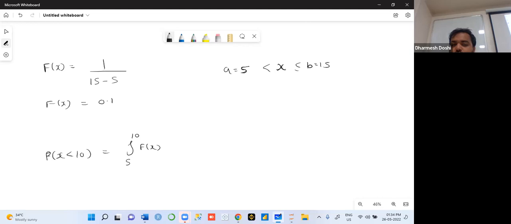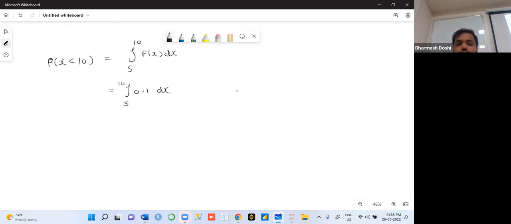Integral of f of x dx. What is the value of f of x, guys? 0.1. Then I take this value 0.1 separate. This becomes x from 5 to 10. How much?